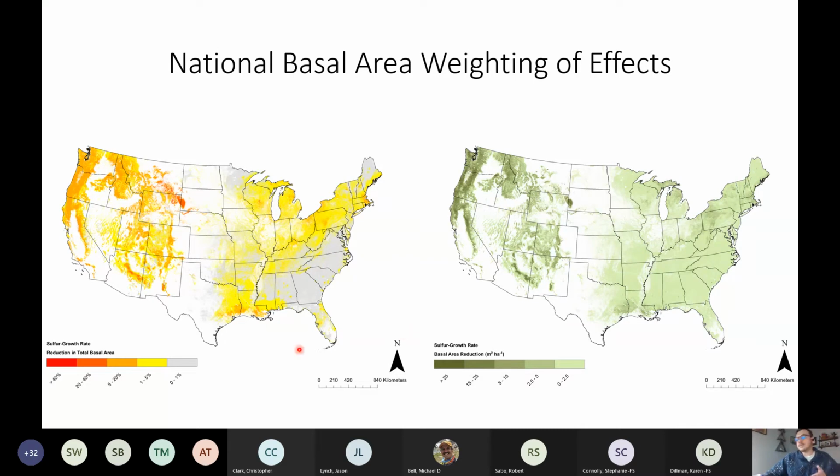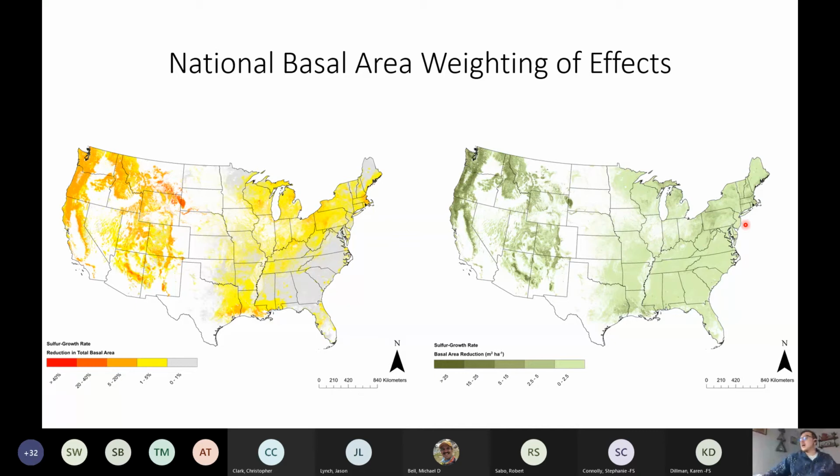We can even take it one step further and actually convert it to the basal area itself. One point to make here is, this is based on growth rate. So the amount that's being shown here on the right is actually the future growth that's being lost. It's not necessarily lost immediately.